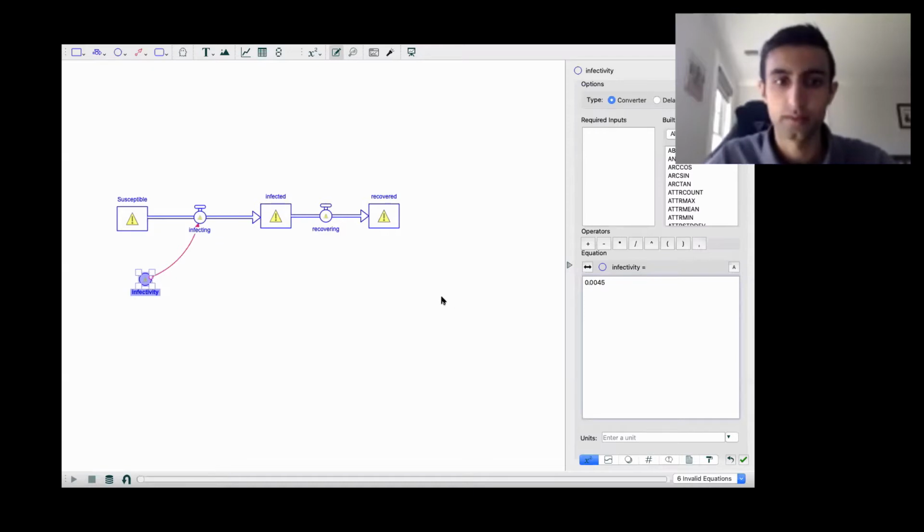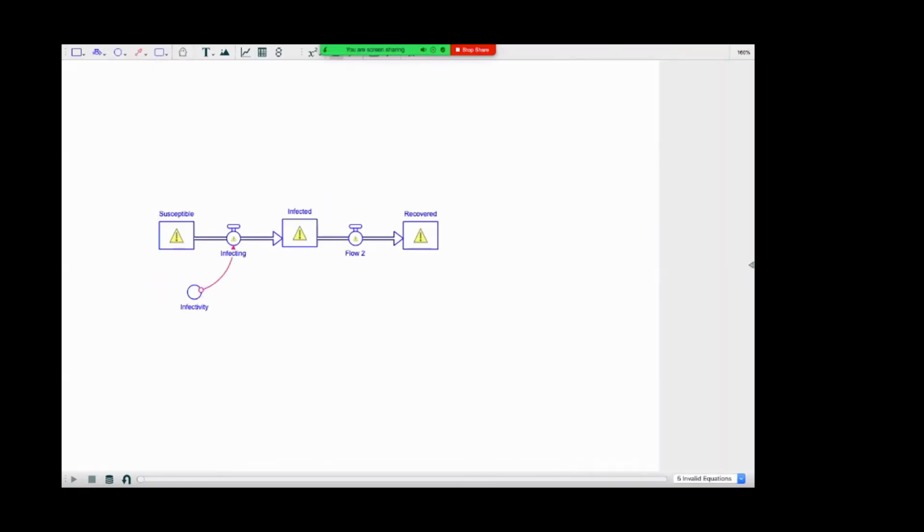Sorry, 0.045. And then we need to determine how many infected people are making contacts. So we'll just call this contacts. And we also need a contact rate, which is a predetermined number, and it changes with people's behavior, but it can tell us how many contacts per day an individual is making.